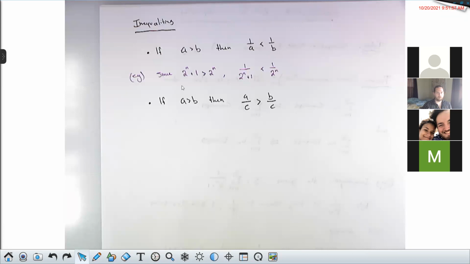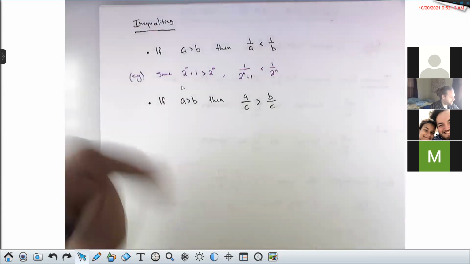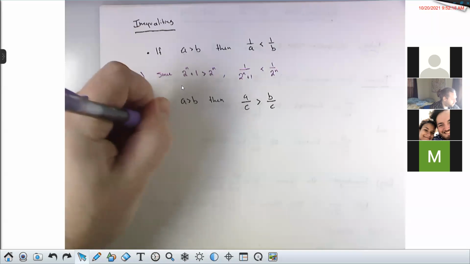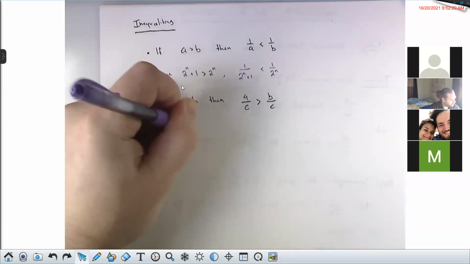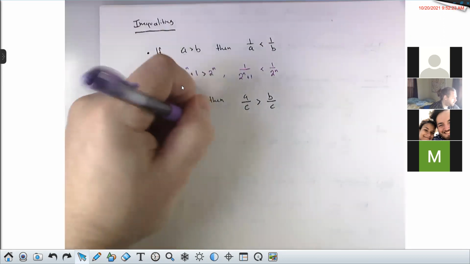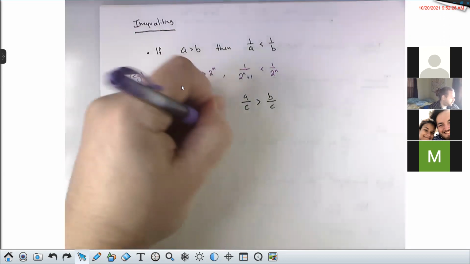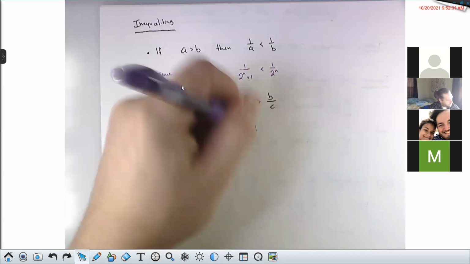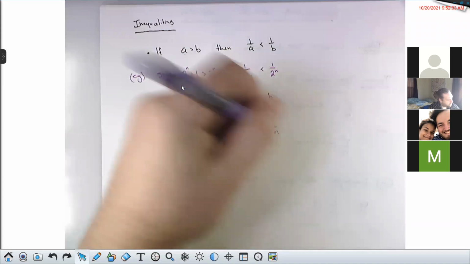So a larger denominator means you're smaller overall. And if you have the same denominator, then a larger numerator makes you larger overall. So the example I said here, since the natural log of n is bigger than 1, the natural log of n over n is bigger than 1 over n.